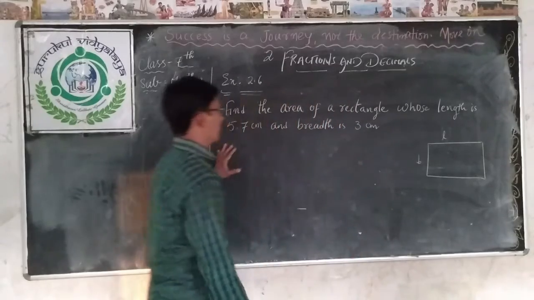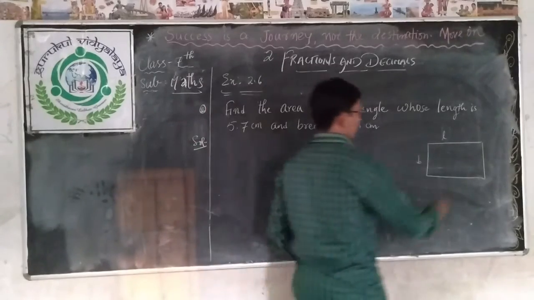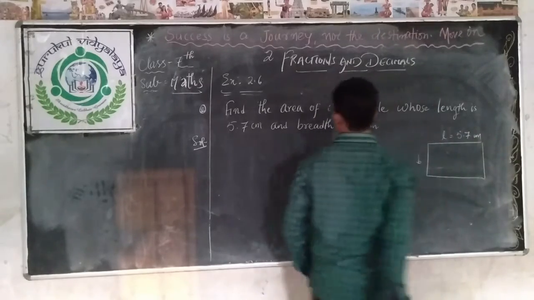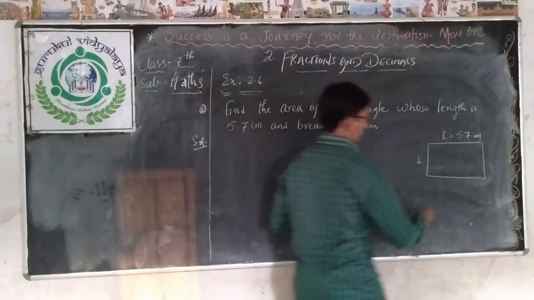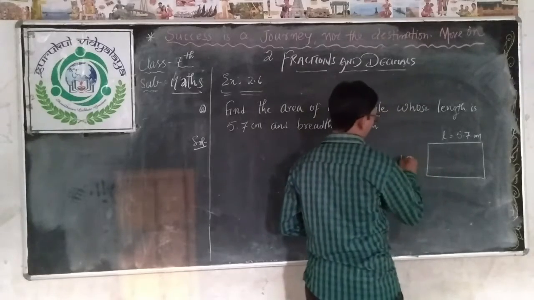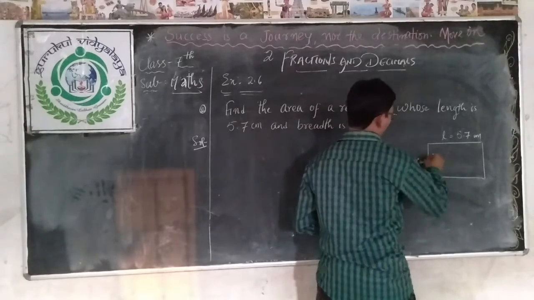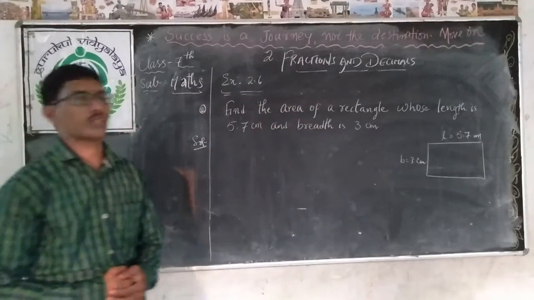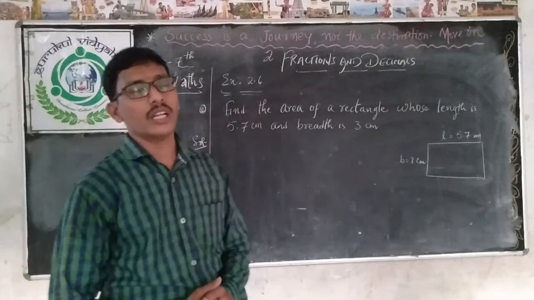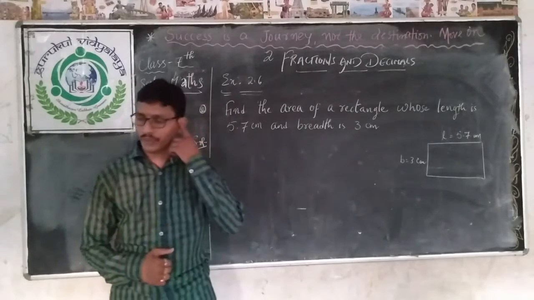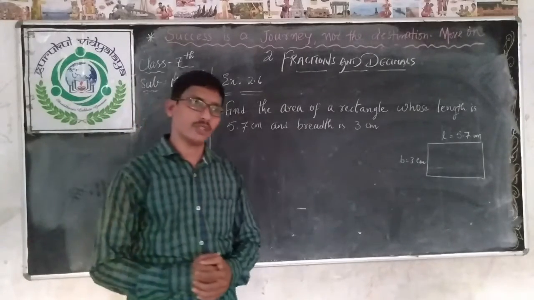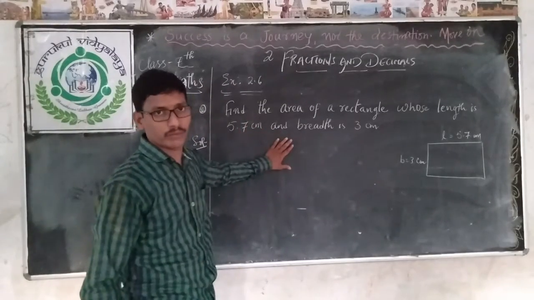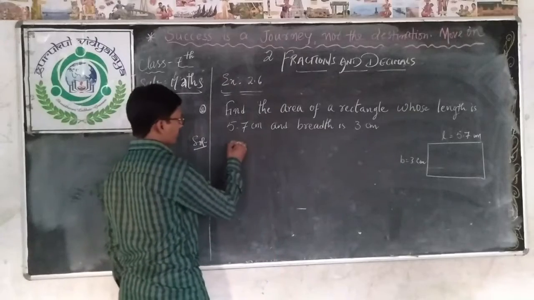Now the length of the rectangle is 5.7 centimeters and the breadth is 3 centimeters. What is the area of a rectangle formula? Length into breadth. First, write what is given in the problem.